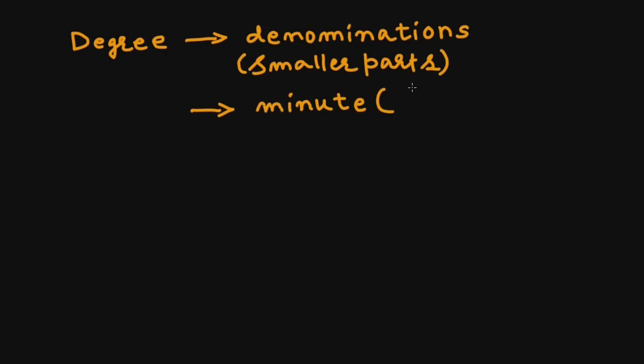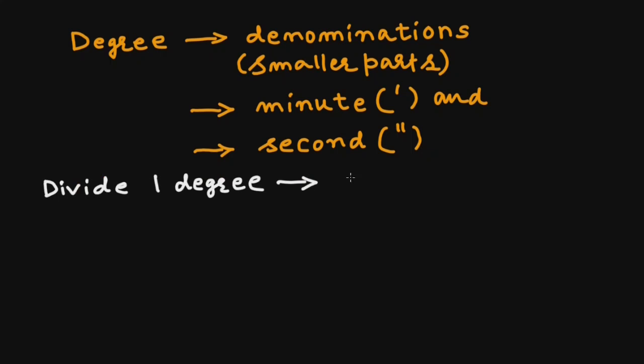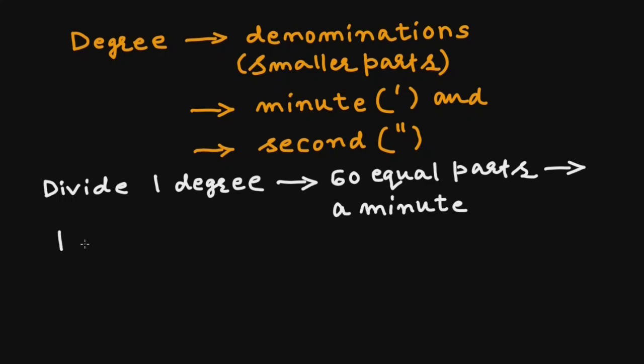Degree measure has two more denominations, meaning its smaller parts. Minute is denoted by a single dash and second by a double dash. When we divide 1 degree into 60 equal parts, each part is called a minute. Therefore, 1 degree equals 60 minutes.